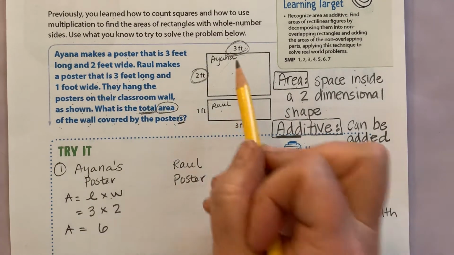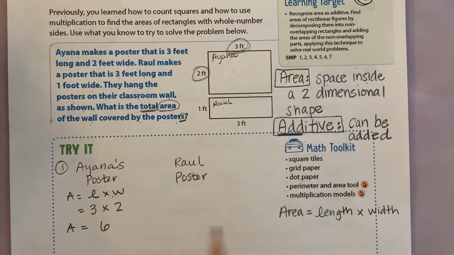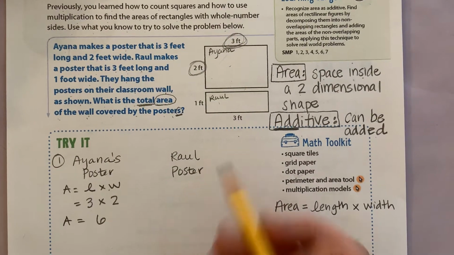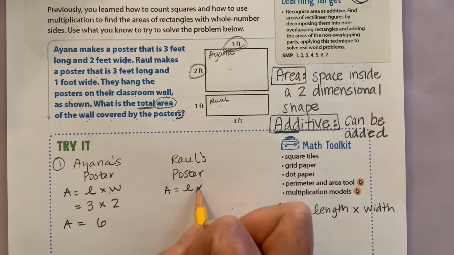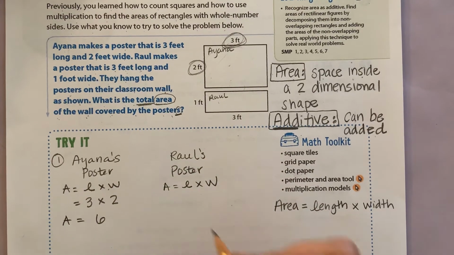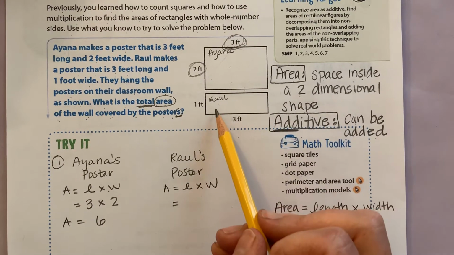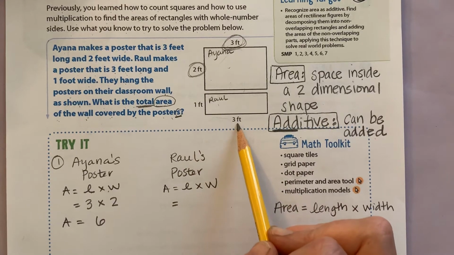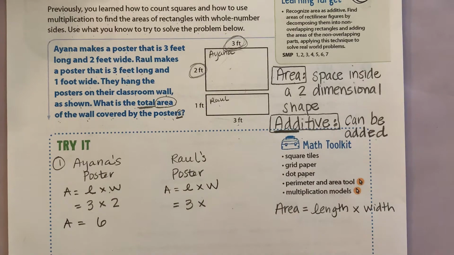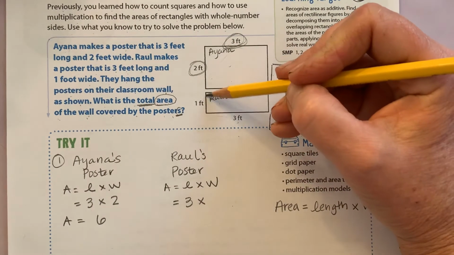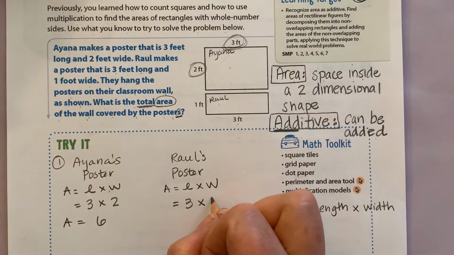It is 6 what? Square feet. Okay, how about Raul's poster? We're also going to use area equals length times width. What is the length of Raul's poster? That's also 3. And what is the width of Raul's poster? Oh, his is only 1.